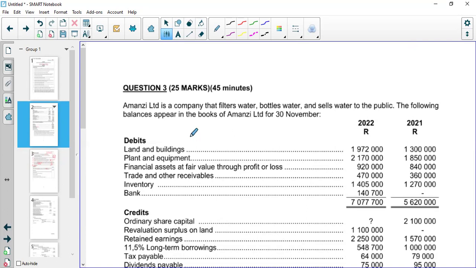All right, now we're going to do the correct adjustments. So for cash received from customers, our starting point is trade receivables last year. So this is 2022. This is 2021. So that's 360,000.